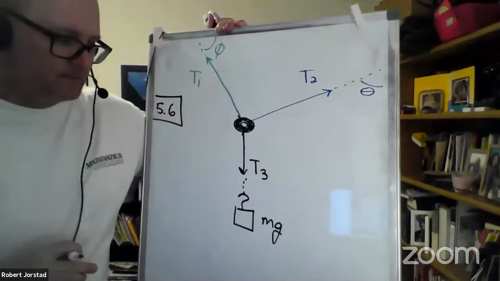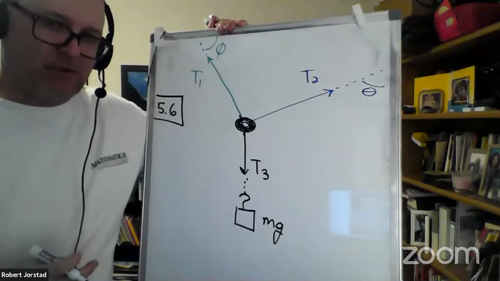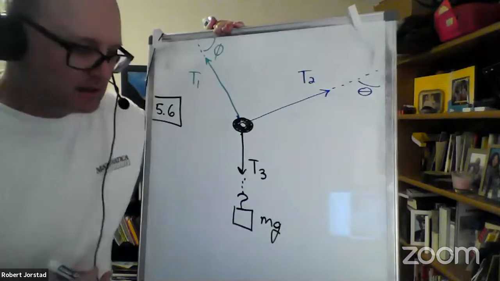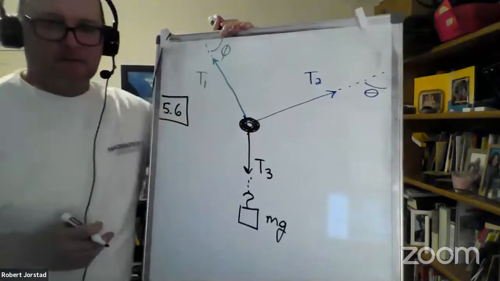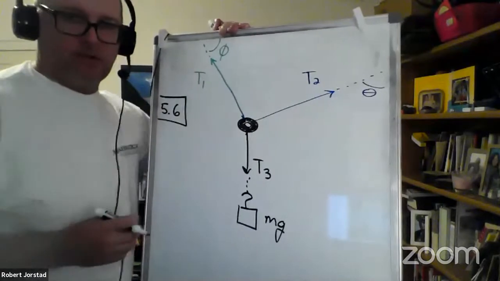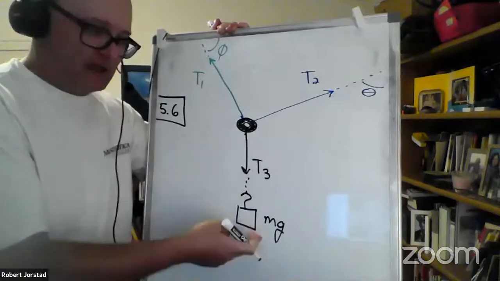If the j hats of T1 and T2 add up to equal the mass? Nope. Think back to questions 5.3 and 5.4. Take a look at 5.3 and 5.4 at the top. Do you remember, when does the tension equal the true weight?